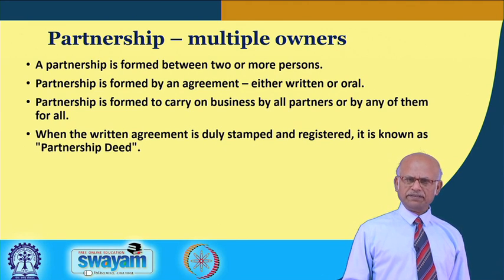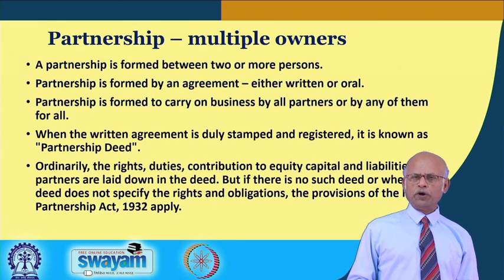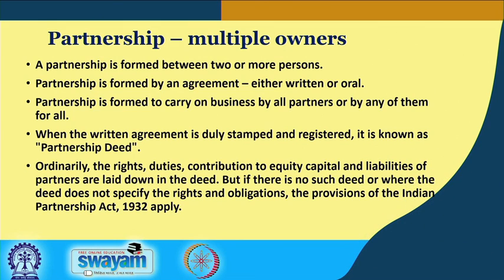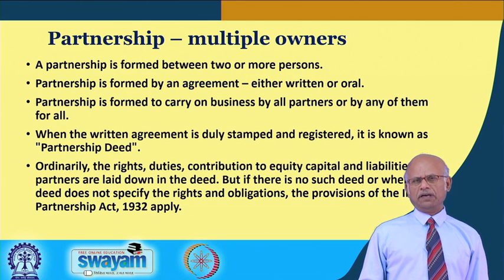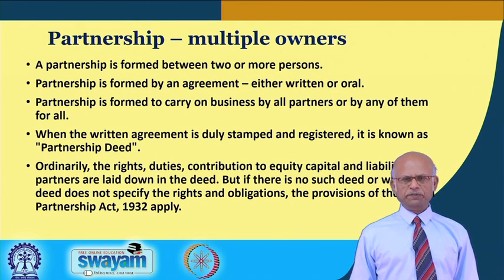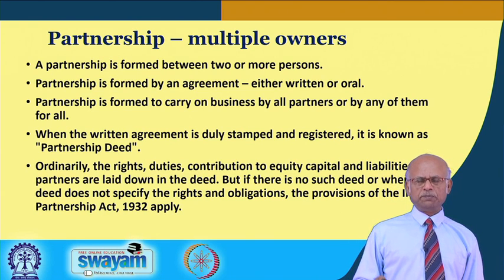When the deed is made and registered, it is called a partnership deed, which contains major points of dispute that may arise, like ownership percentage or profit percentage, and then the roles and responsibilities of individuals, how much capital different individuals are going to chip in, etc. So that at any point of time, if there is conflict among partners, then the partnership deed, whatever is written there, can resolve the issue.